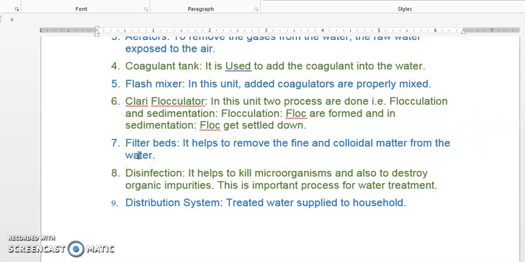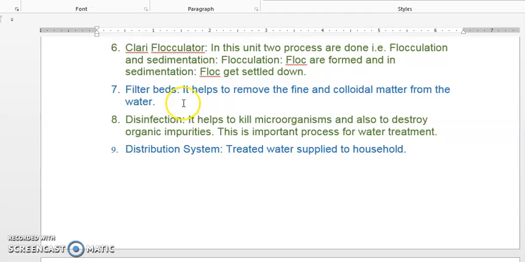Now as your filters also we have discussed, filter beds help in the removal of very fine and colloidal matter which are not removed from the coagulation sedimentation tank. So that can be removed, and after filtration you will get water which is very sparkling clear, right? Even after filtration also there is one problem, that the water can have microorganisms which are going to cause diseases.